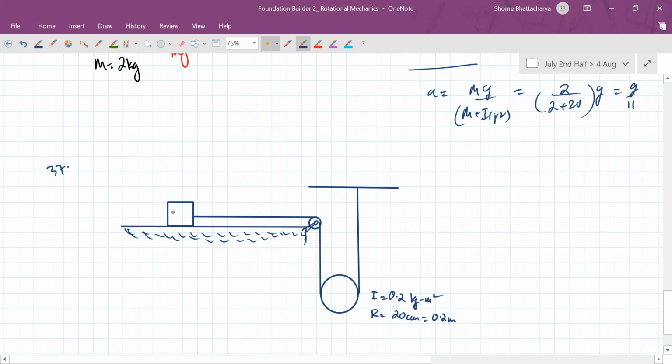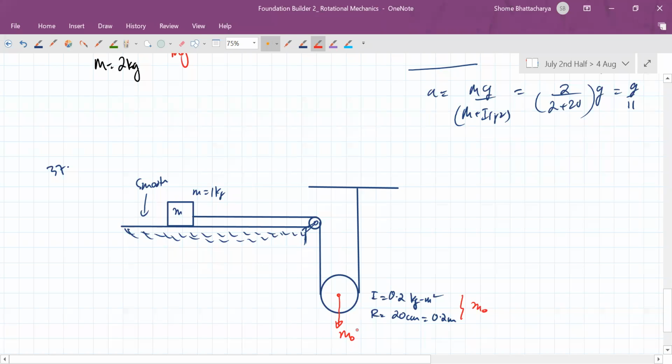Mass of this block is 1 kg and this is a smooth surface. So what we'll observe is the weight of this pulley. Obviously it has weight because otherwise it would not have moment of inertia. Without mass, an object cannot have moment of inertia. So let's say its mass is m0, if we don't know.